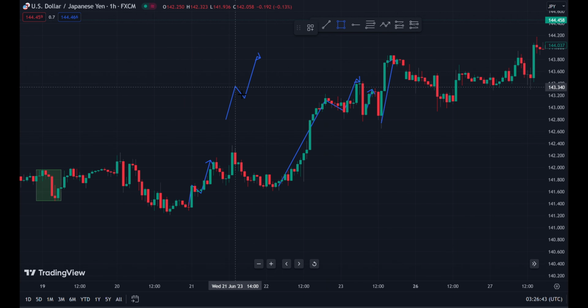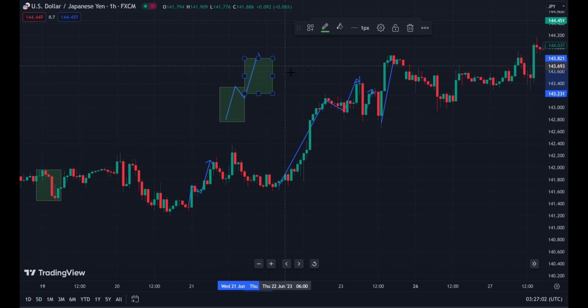So let's say from here, this first rally and the second one, they're not so much different in size, they are the same size.